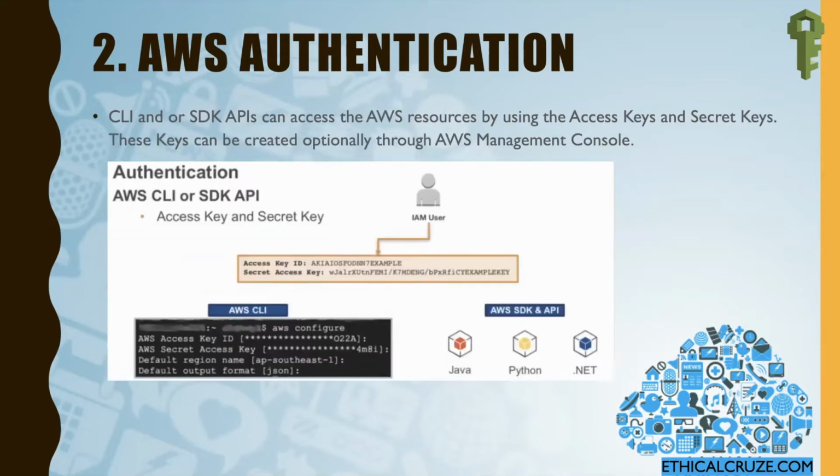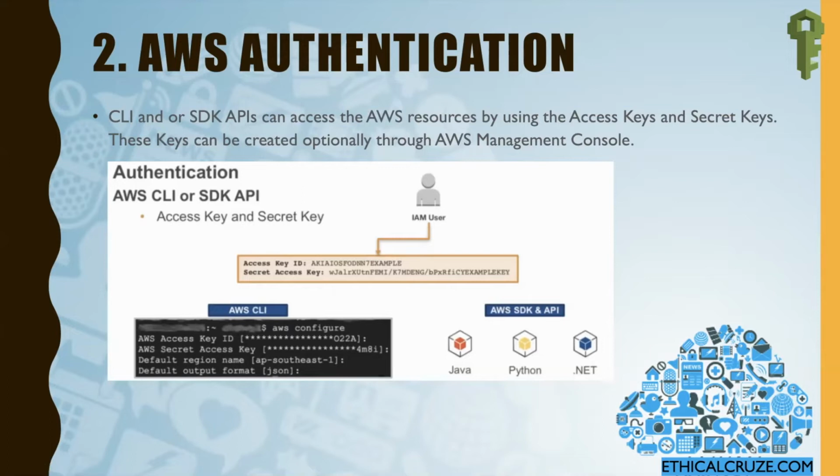And in terms of CLI or SDK APIs, they do not need a username and password combination, but they need an access key and secret key. This is just a dummy snapshot of the access key ID and secret access key. You cannot access any account using these, they are dummy ones. These access keys can be created optionally through the AWS Management Console.